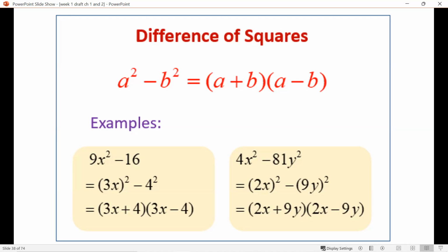But remember, the entire term has to be a square. So that 4x squared is actually a 2x all squared. Okay. So when you see binomials, check, are each of the 2 terms perfect squares, in which case you can factor them as a difference of squares.